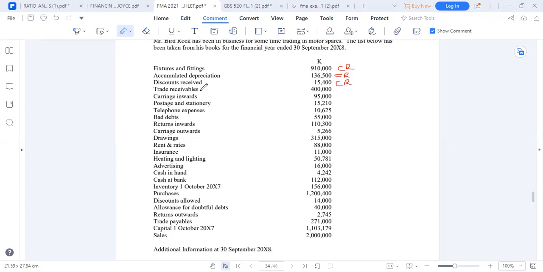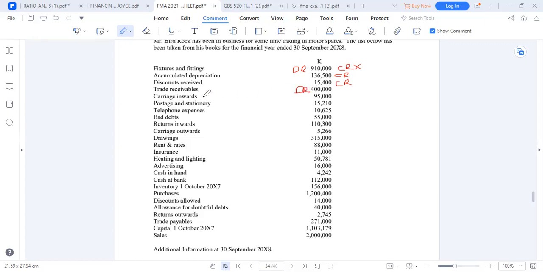Trade receivables. So one of these that you've answered here is wrong. So you need to identify it. I think fixtures and fittings are supposed to be debited. Those are assets. Yeah, assets, correct. So they're supposed to be debit. Okay. Trade receivables. You debit, because they're debtors, yes.